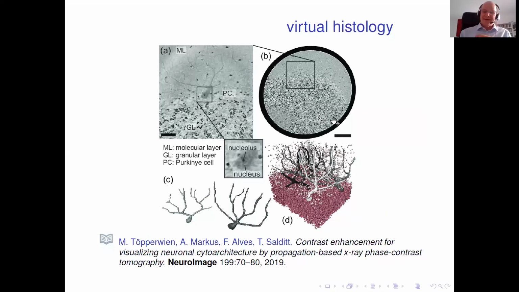Here he studied a millimeter cubed area at a resolution. Here you see a zoom of that. This bar here, sorry, I didn't write it, is 200 micrometers. This scale bar is 50 micrometers.